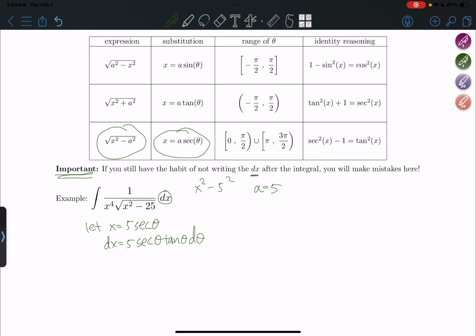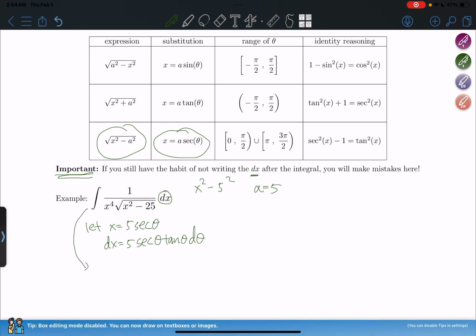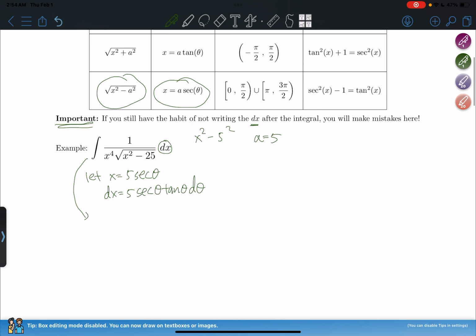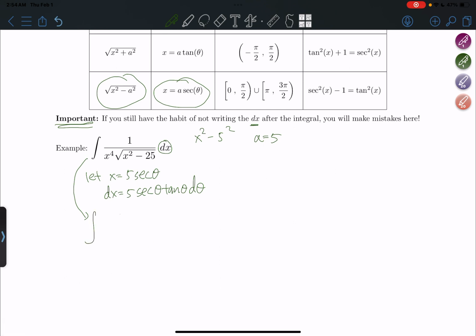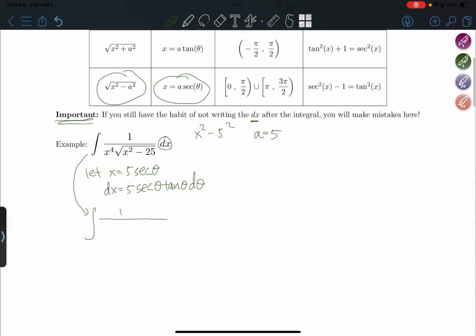Anyways, going back to that substitution, apply my substitution here. This is going to give me the integral 1 over x to the 4th, but now x is 5 secant theta. So 5 secant theta to the 4th power.